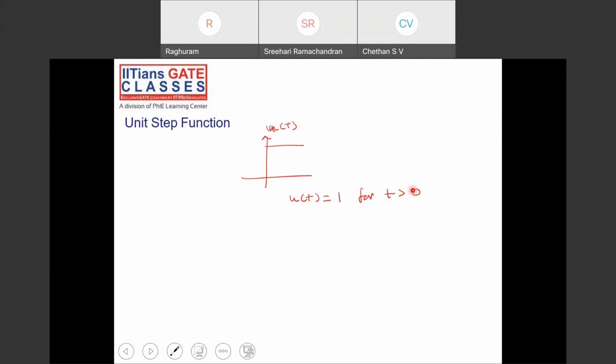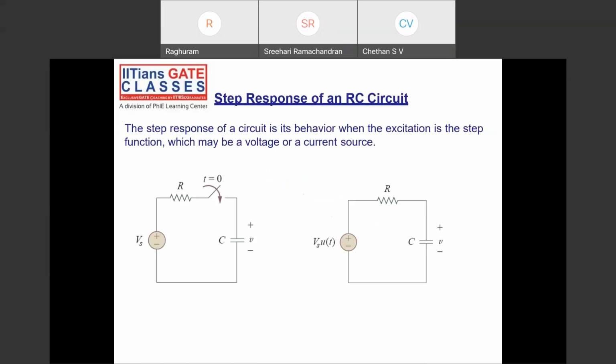And is equal to 0 for t less than 0. It's undefined at t equal to 0. Unit step function is generally not defined at t equal to 0. Okay, so that is what I want to say.